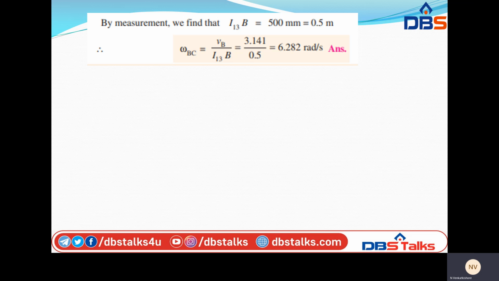In this way, these are very simple problems for the instantaneous center method for the velocity of mechanisms. So what is the formula for finding the number of instantaneous centers?